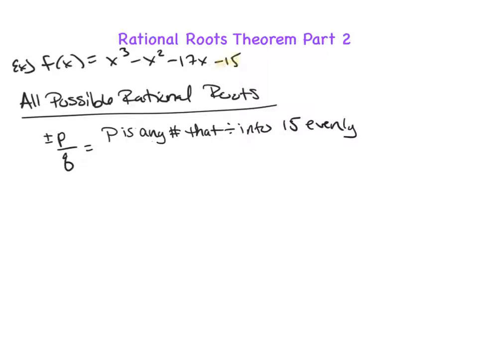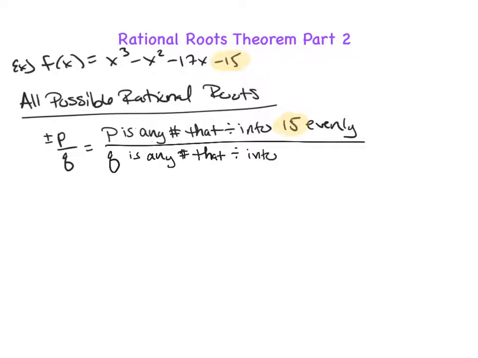There we go. So that divides into that last number evenly. And q is any number that divides into, in this case, 1 evenly. And 1 comes from the coefficient here in front of the first term.